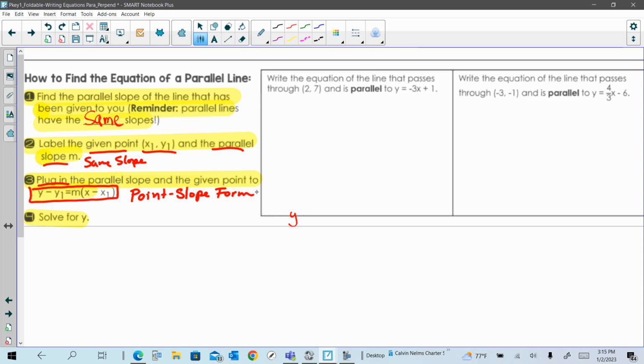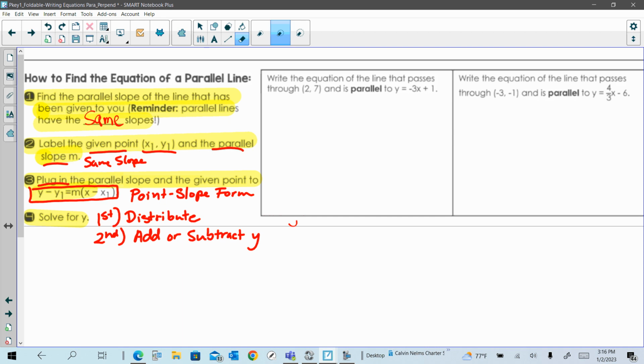All right. Now, in order to solve for y, you might want to add this to your notes. Because we have parentheses, you have to always first distribute. So you're going to first distribute, and then second, you're going to add or subtract, depending on our constant, to get y alone.